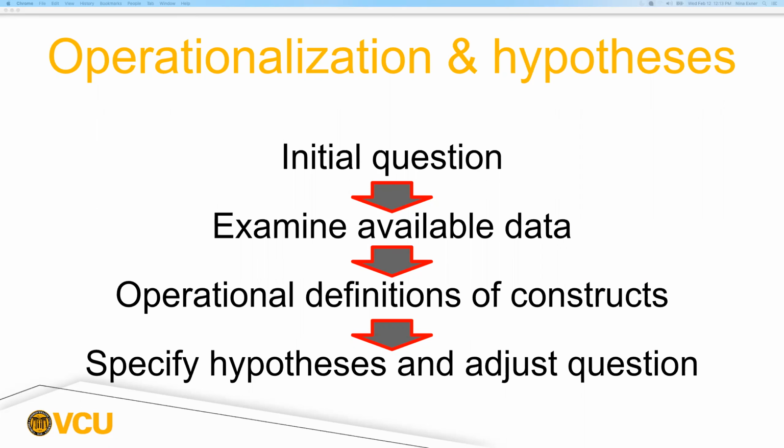So that, in turn, might mean adjusting your question so that it matches the hypothesis that you can build based on the way that you can operationalize or define your constructs based on the variables that are available for you to work with. So it's kind of going to be a cycle of revising from your initial question based on the data and building a hypothesis and then tweaking your question.